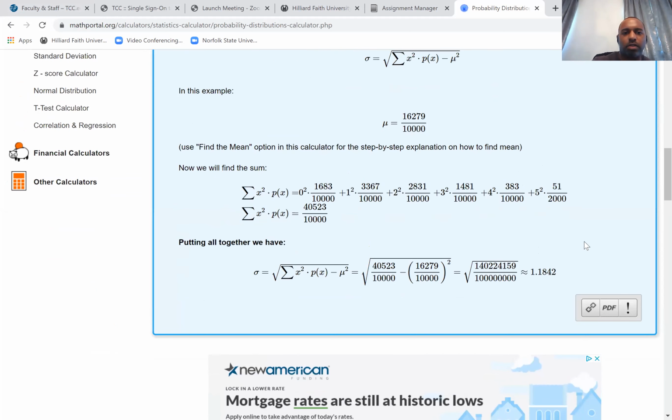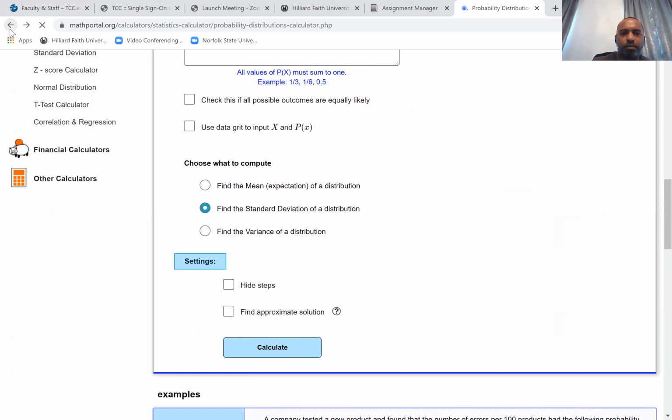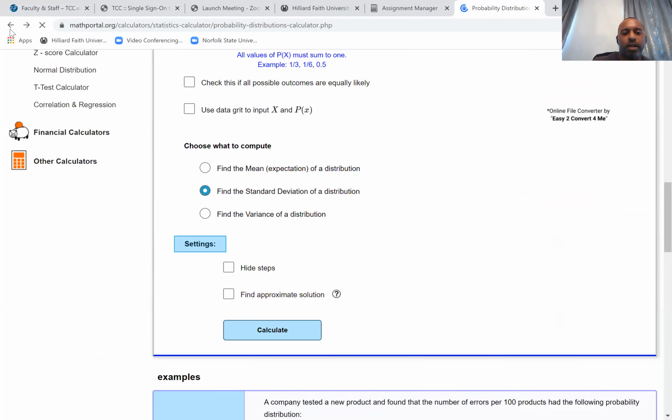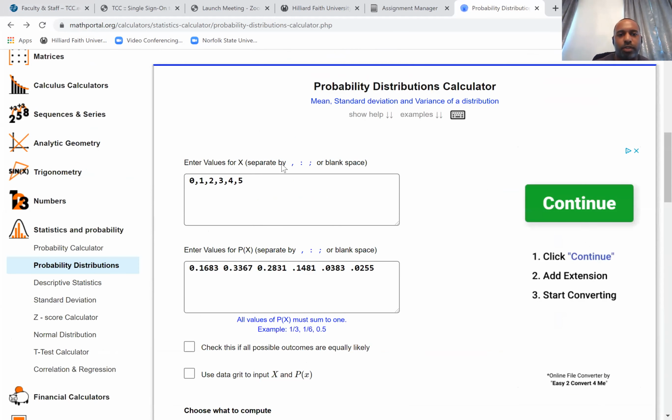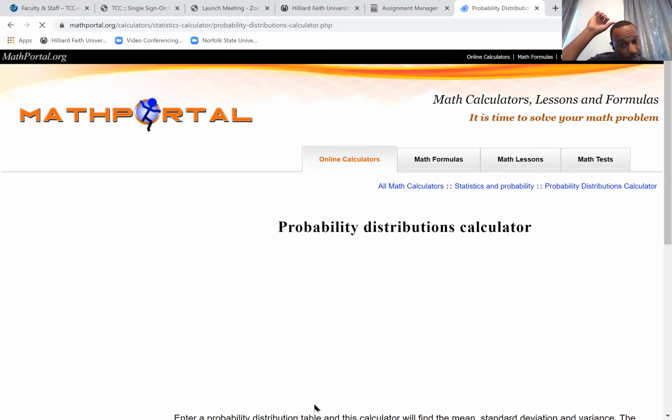So going back, yep, it still has my information in here. You can separate it by a comma, colon, semicolon, or blank space. So up here I separated them with commas. Down here I separated them with blank space. So either one works. And then you just click which one you're trying to find. So even if you're trying to find the mean, you can do that one. Just click it and calculate.